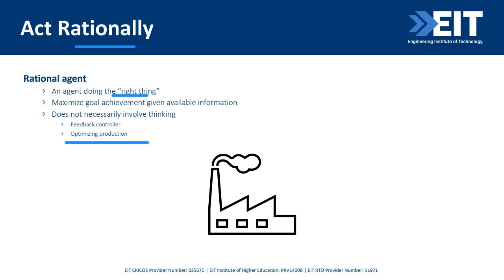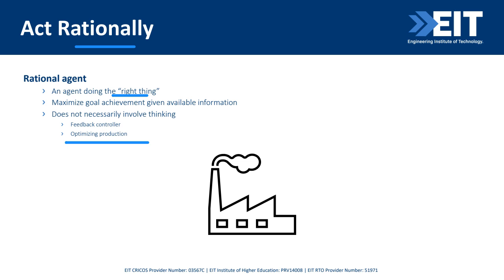If I operate at this particular temperature, we will get the best yield possible in our production. Okay? So in this case, this system, we can say it's optimizing, it's acting rationally. So it's a type of intelligent system. When we design controllers to ensure that our production is optimized, this is a type of intelligence that we are doing.